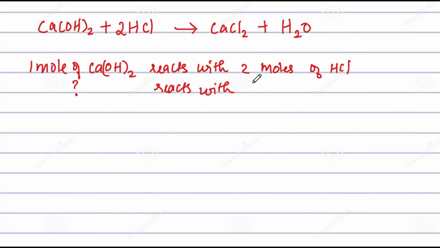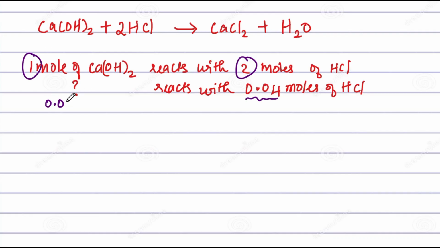So, how many moles of Ca(OH)2 reacts with 0.04 moles of HCl? So, when you see the cross multiplication, the relation is simple only, half. So, for 2 moles of HCl, 1 mole of Ca(OH)2. And for 0.04 moles of HCl, 0.02 moles of Ca(OH)2 will be used.